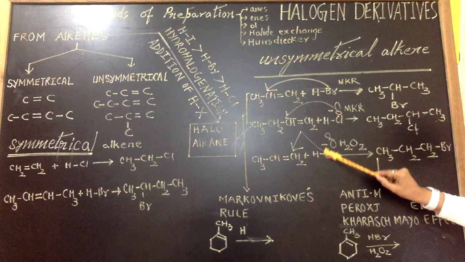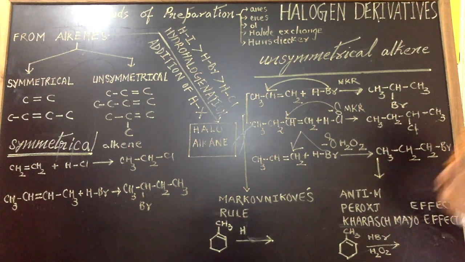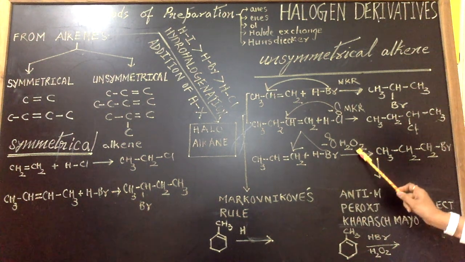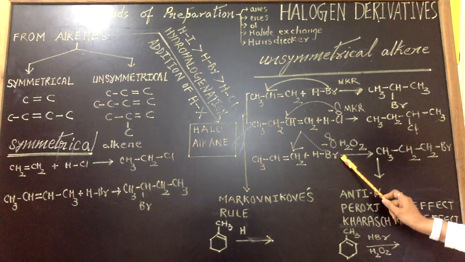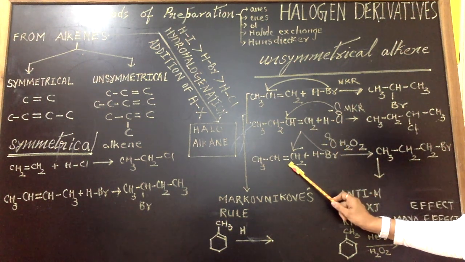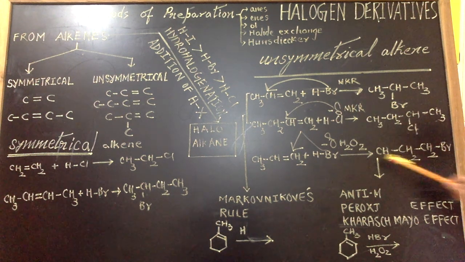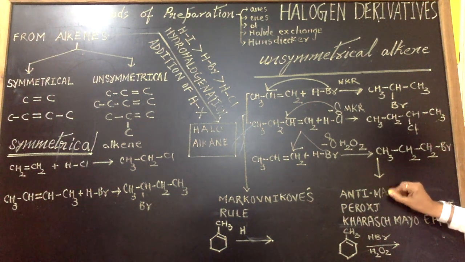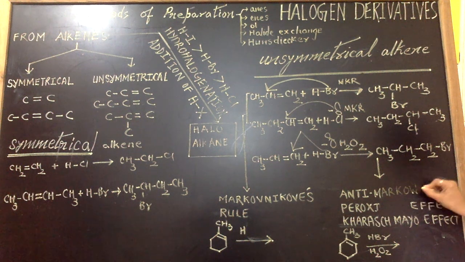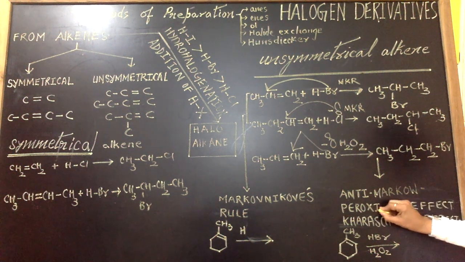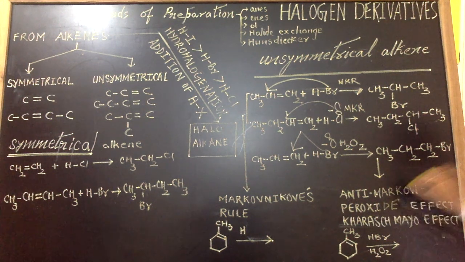That is, negative part of the reagent only in case of HBr, and in presence of peroxide, the negative part of the reagent bromide gets attached to carbon having more number of hydrogen atoms across the double bond and we get 1-bromopropane. This is in accordance with anti-Markovnikov's Rule, which is also called peroxide effect, which is also called Kharasch effect.